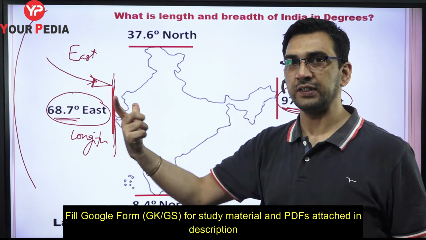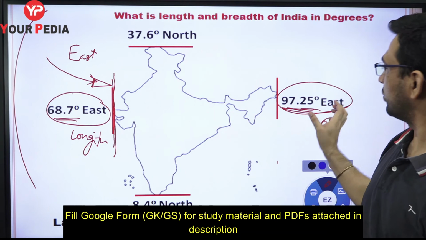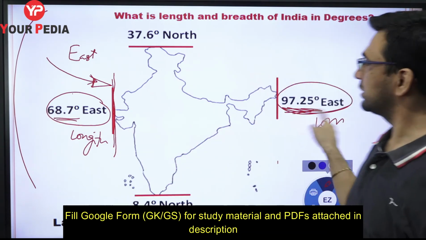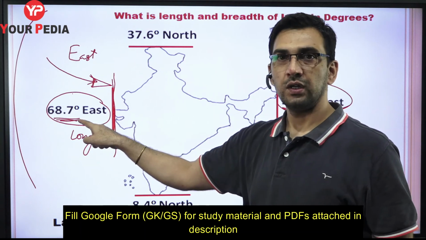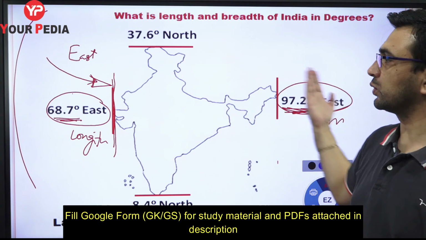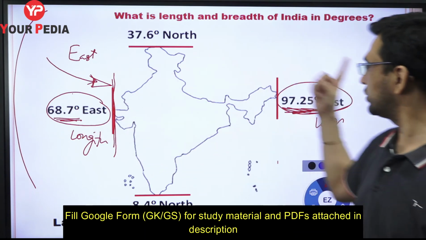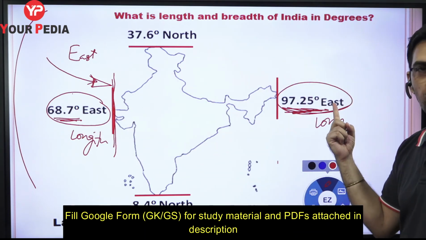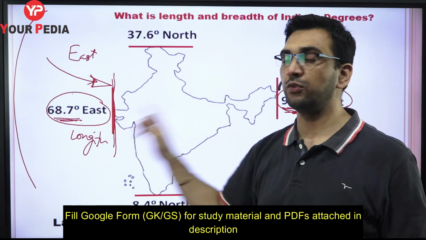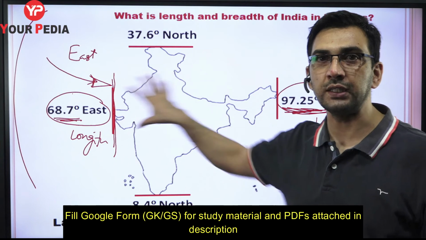What is the change? So the longitudinal extent will be this minus this. If you are asked from which longitude to which longitude, you will say 68.7 degrees east to 97.25 degrees east. But if I ask what the longitudinal extent of India is, then it means this minus this.